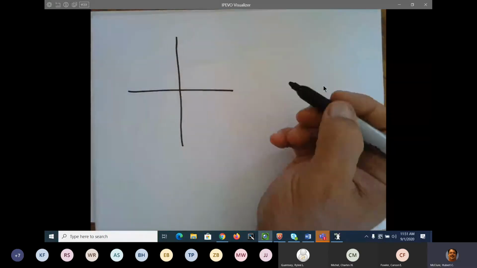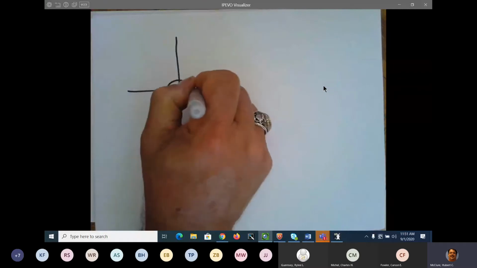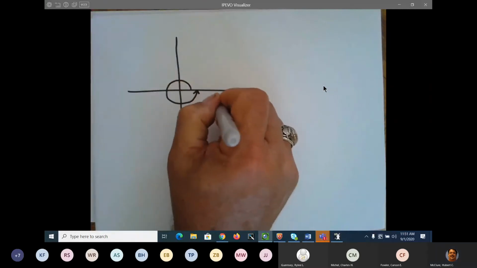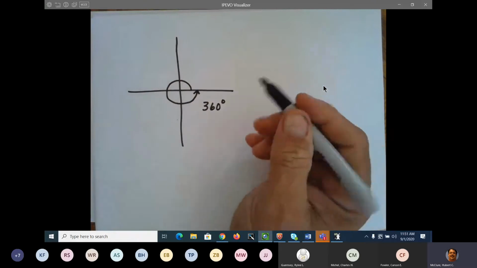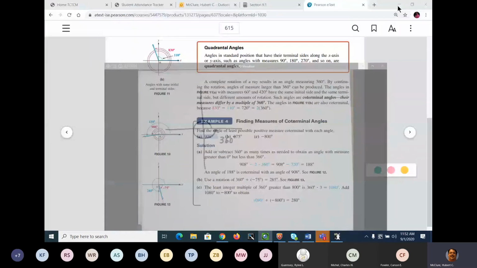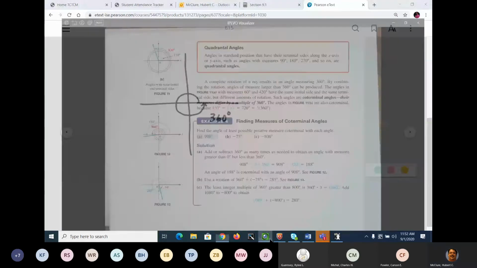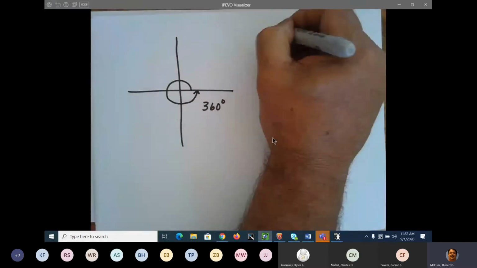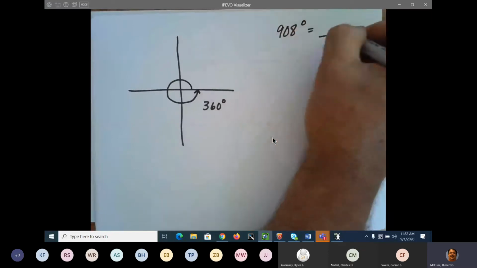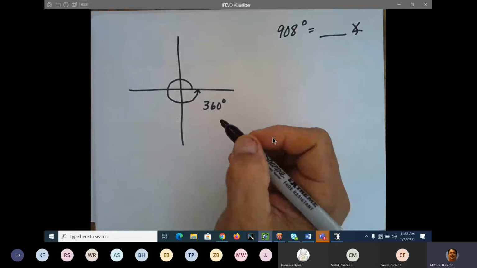We know that a circle has 360 degrees. When they give you a problem like that, 908 degrees equals what reference angle? That's what they're asking you.